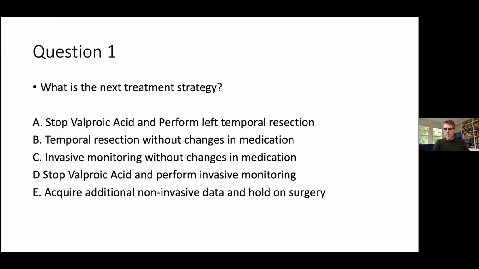It's controversial for sure. And I will show you what we did. Of course, I don't like to operate under valproic acid. We asked our colleagues from the clinical team to stop it. But because of the risks of status epilepticus and the severe seizures that this patient had, there was a high chance for him to develop status if we tried to change the valproic acid.